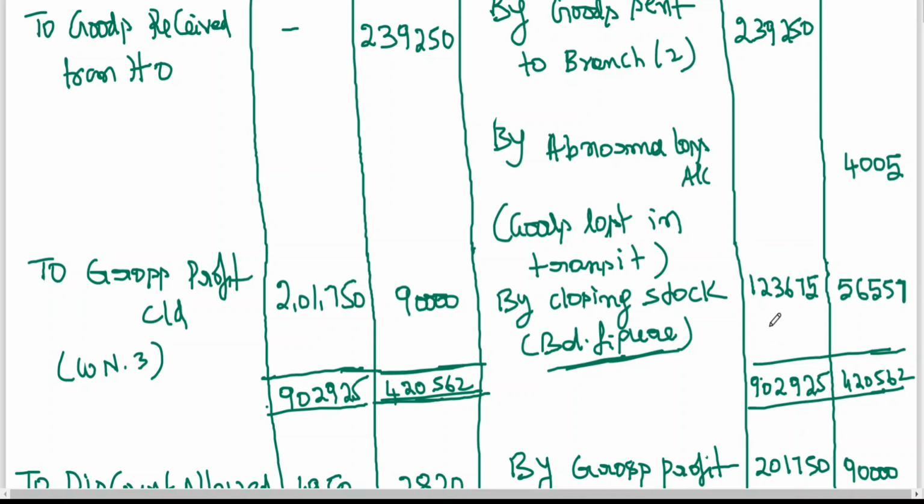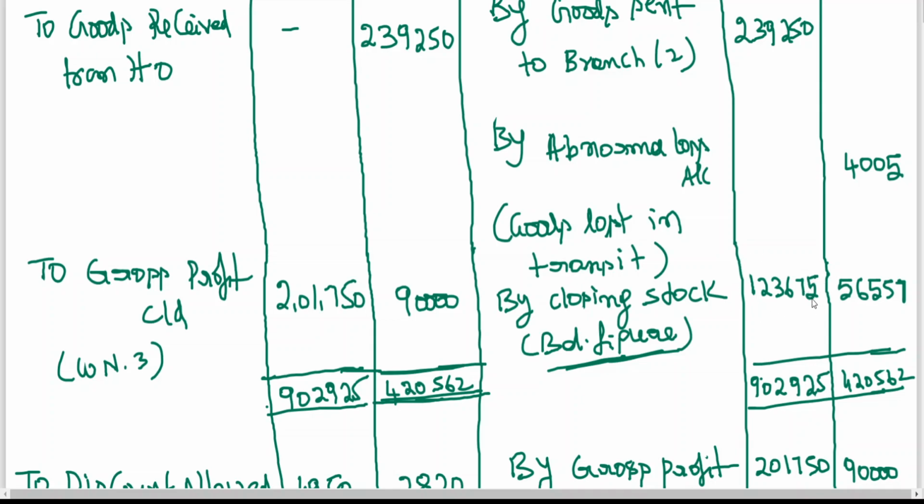This closing stock includes goods in transit, because until the goods have been dispatched and reached the premises of the branch, we shall assume they are goods in transit. Actually, goods in transit are to be taken to the branch; that we will learn in independent branches. But here in dependent branches, we assume the goods have not been received by the branch. Till they receive, they are not treated as purchases, and head office is also not treating them as sales.